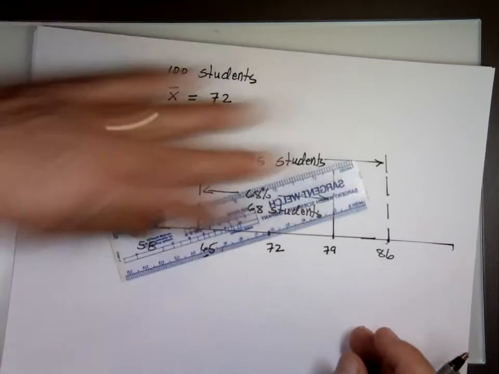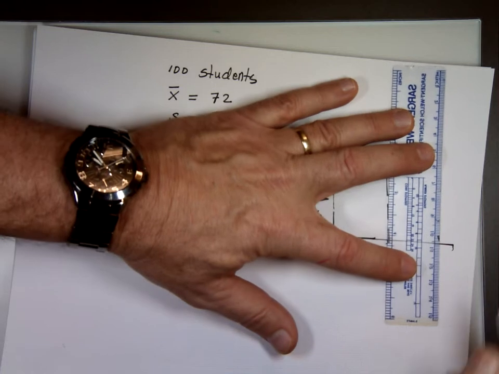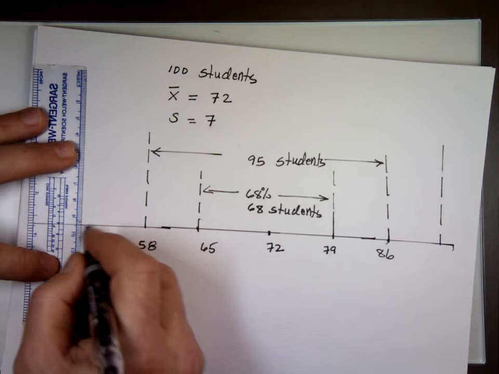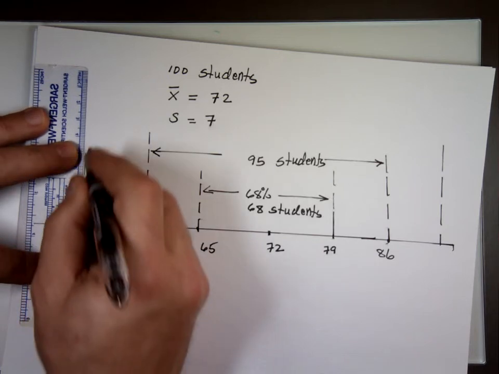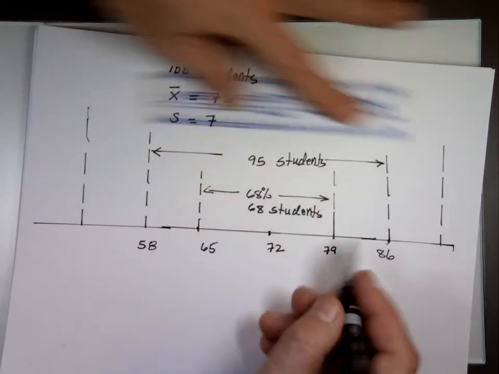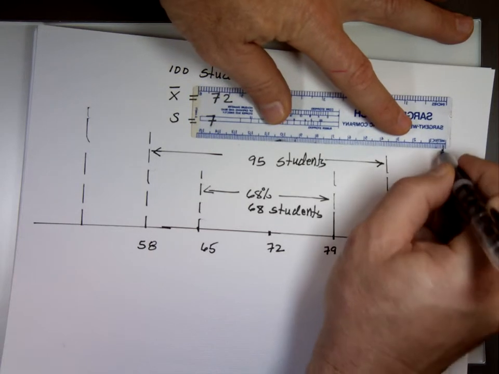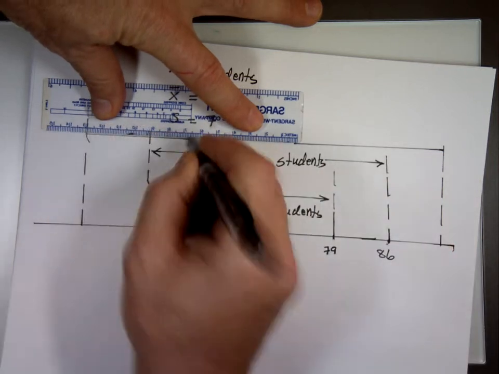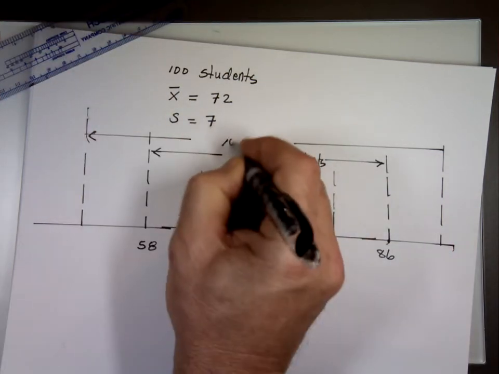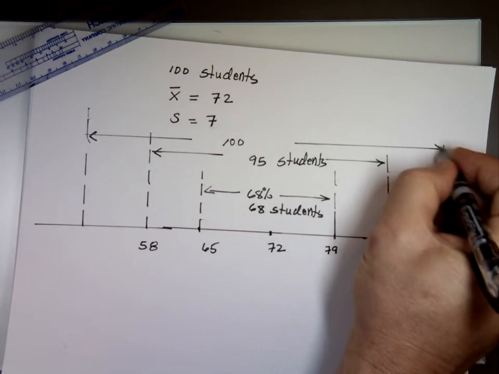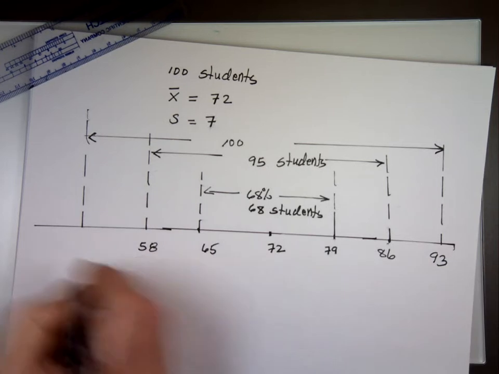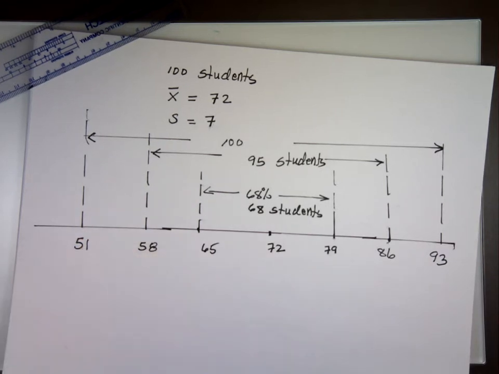And almost the entire class, 99.7, that's the whole class. Almost the whole class scored within what? Add 7 to this, 93. Take 7, which is what? 51. So all the numbers are between 51 and 93.